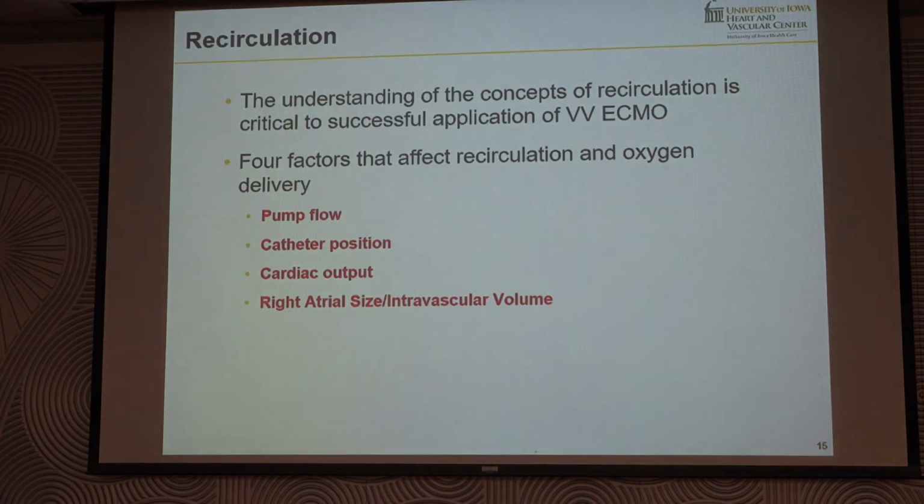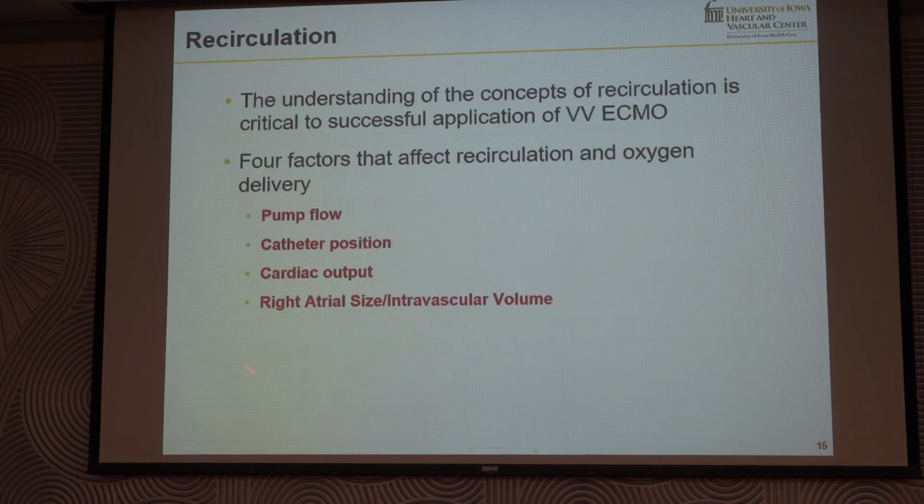One of the things we've got to consider with VV cannulation is recirculation. Sometimes the highly oxygenated blood that we return to the body is then pulled back into the draw circulation, and we want to avoid that. We want as much of that highly oxygenated blood to be given back to the body as we can. And so we have 4 factors that we consider for recirculation. Pump flow.